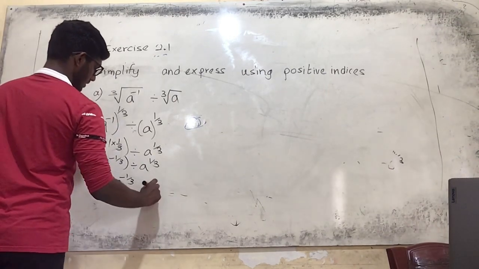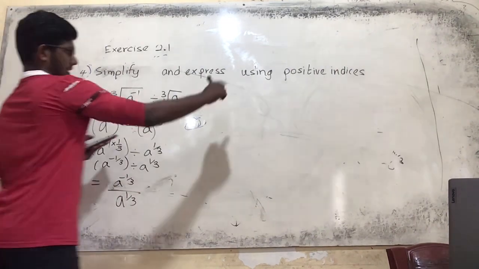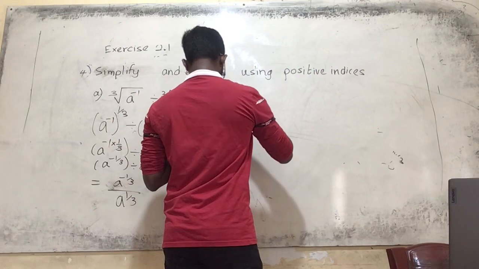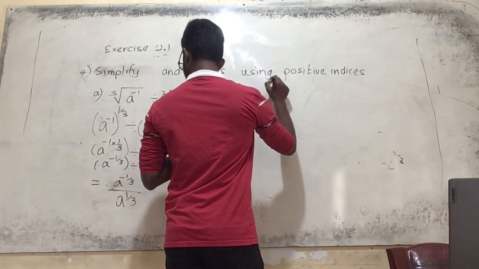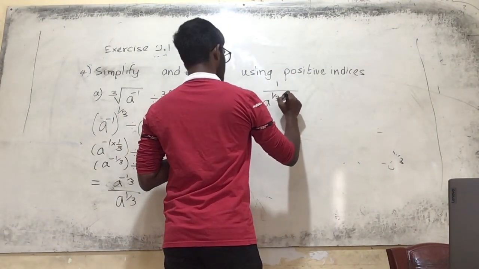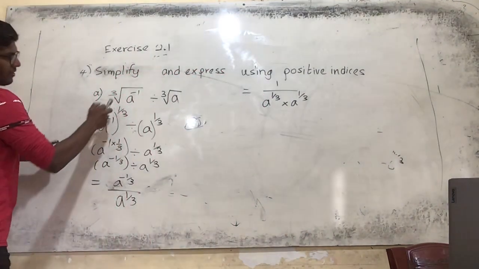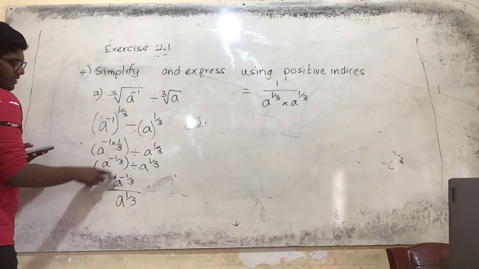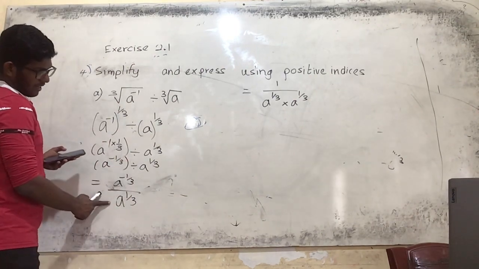So, next step, I will take it here. Here, minus 1, minus 1. So, 1 to minus 1 over 3. Here you have minus 1 over 3. Since it is a division, I take it down.